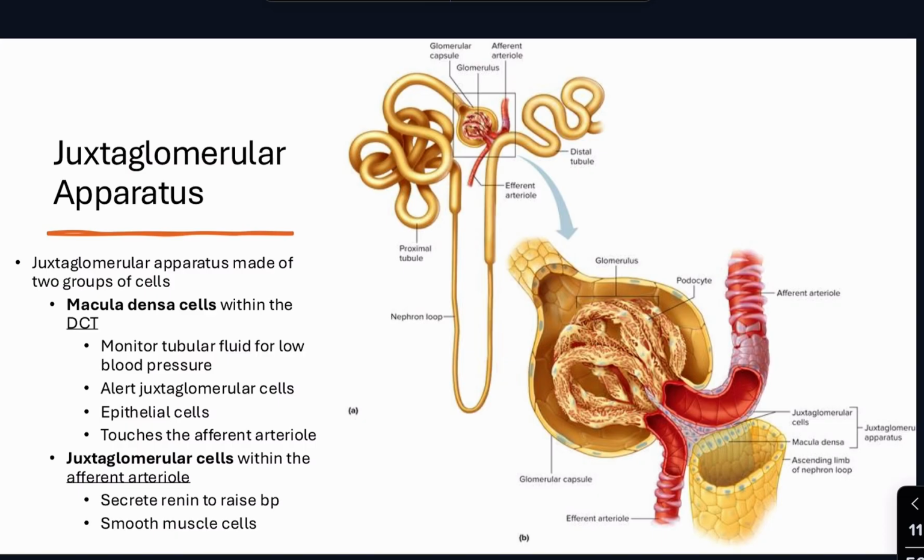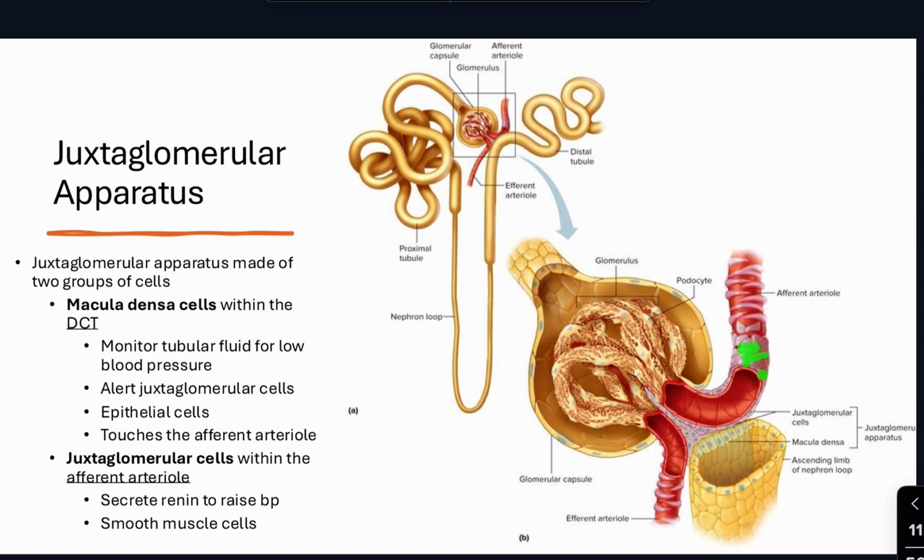If you are studying through different resources, you're going to see this come up. It's made up of two groups of cells. The macula densa cells are going to be in your distal convoluted tubules, monitoring your tubular fluid for low blood pressure. They're going to alert your juxtaglomerular cells, which are your second group of cells in the JGA, and these are just epithelial cells.